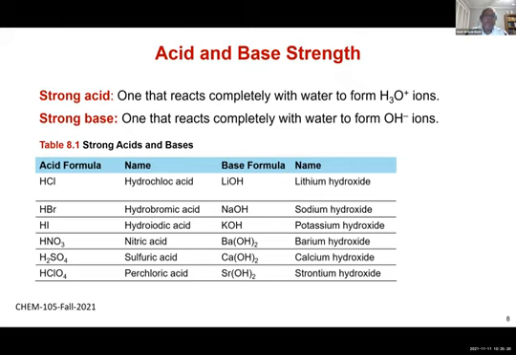So if I ask you, which is a strong acid? If you find any of the acids in this table, they are strong acids. If I say acetic acid, is it a strong acid? No, because it's not on the list. Therefore, it should be weak. Similarly, the same idea can be applied to strong bases.